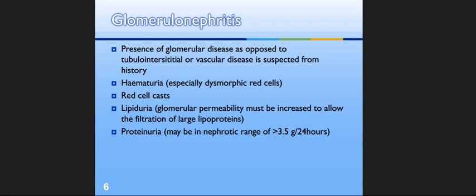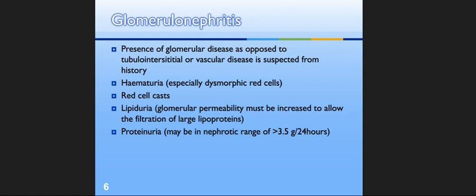Glomerulonephritis, the presence of a glomerular disease as opposed to tubulo-interstitial. You remember the components of the kidney are glomerulus, tubules, interstitium, and vascular compartments.